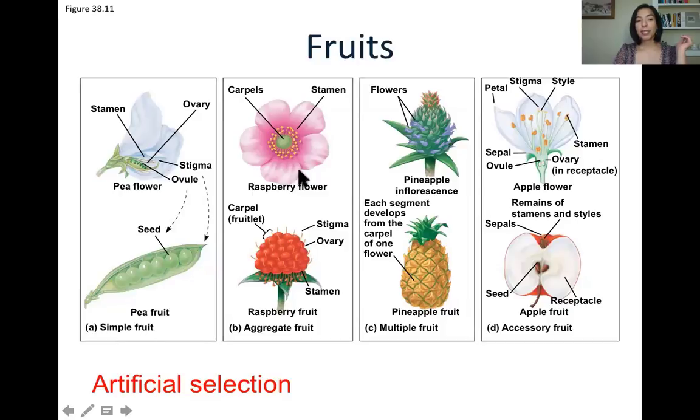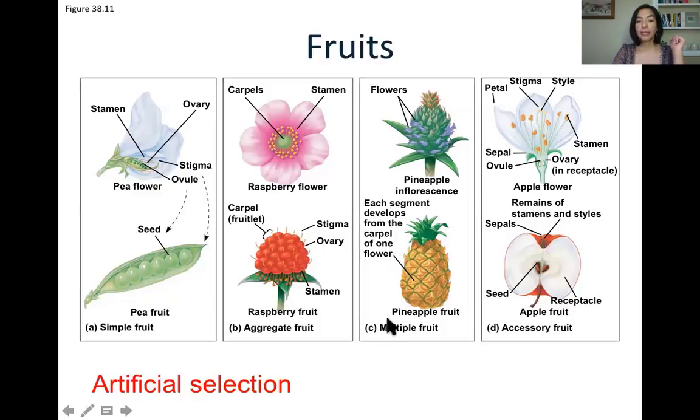But how about if we have one flower that has multiple ovaries? In this case, we have a raspberry, and raspberries or strawberries are an aggregate fruit. That is the result of a flower that has multiple pistils and as a result multiple ovaries.